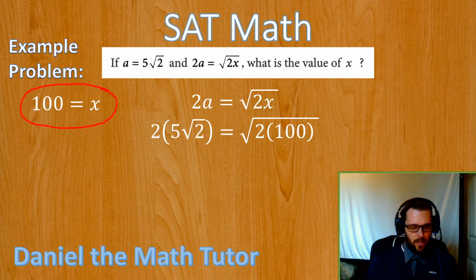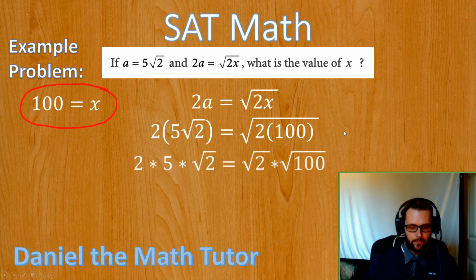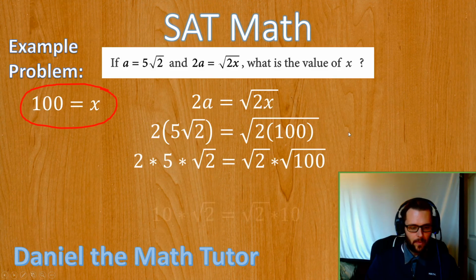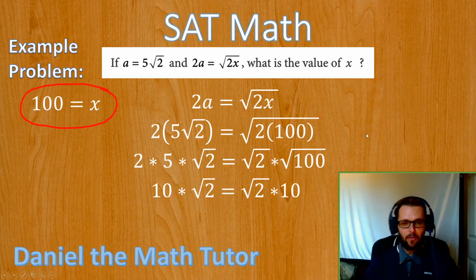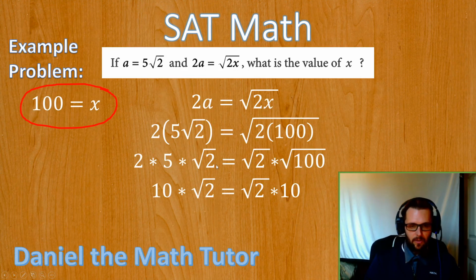So on the left-hand side of the equation, we can simplify by evaluating 2 times 5, which is 10. On the right-hand side of the equation, we can simplify by evaluating the square root of 100, which is 10. So notice how we've used the math rules that we've learned already about radicals and factoring in order to manipulate this equation in the way that we need to simplify to show that they're equal.